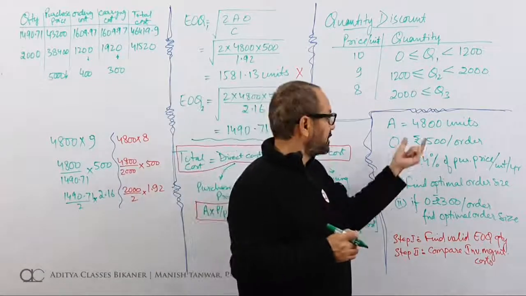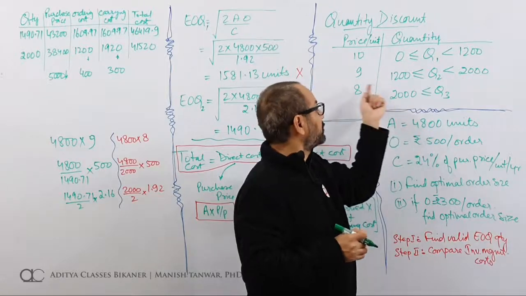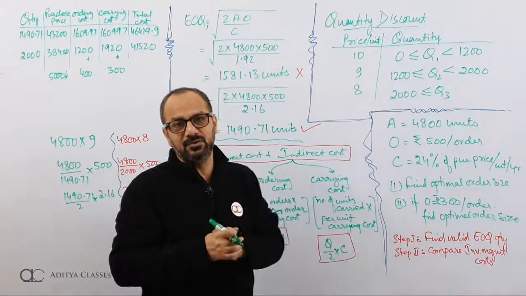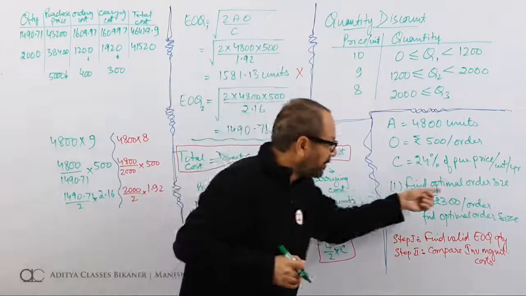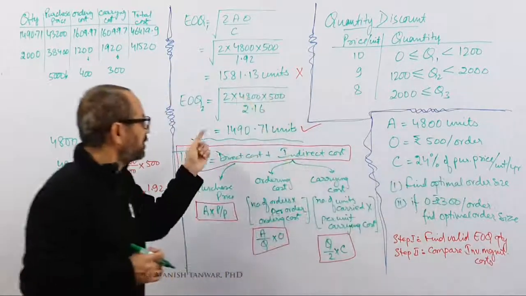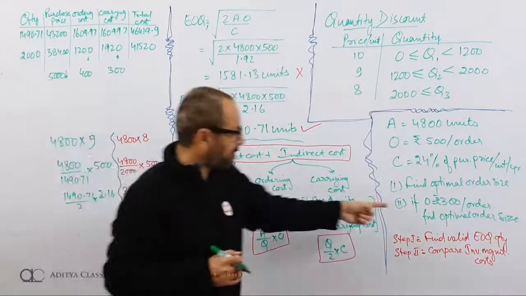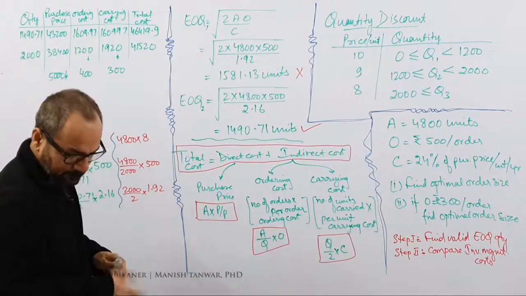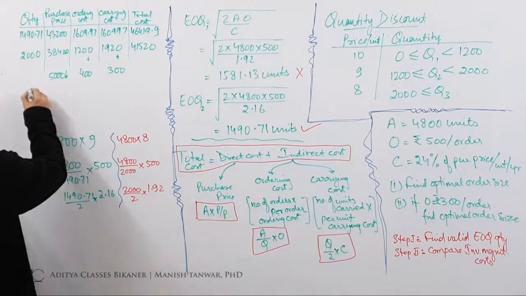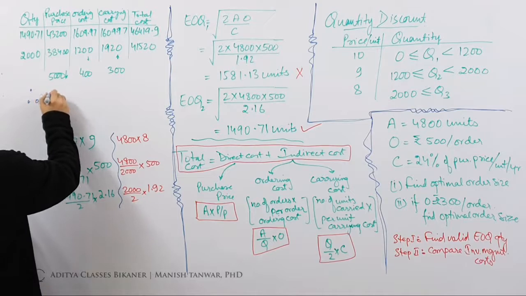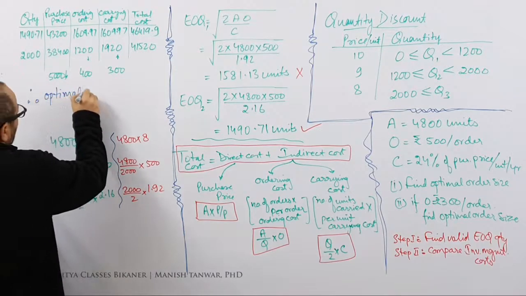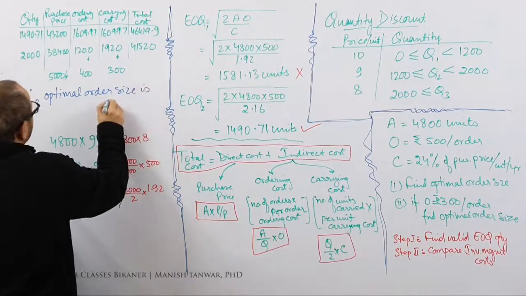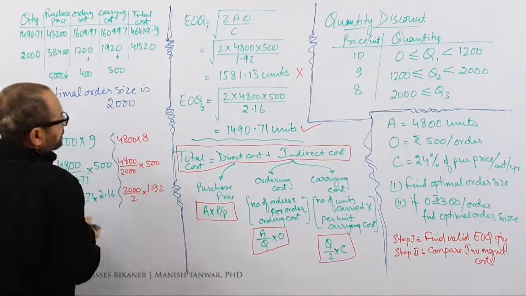And why is this 5,000 coming? Because you are buying almost 5,000 units at 1 rupee cheaper. So there is a huge saving. So what will be my optimal order size? Economic order size is 1490. But what is my optimal order size? My optimal order size, therefore, is 2000 units.